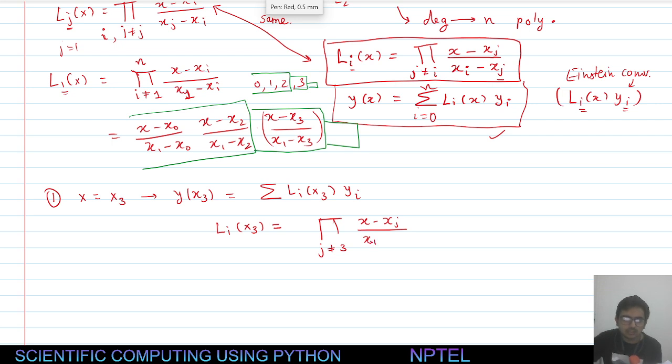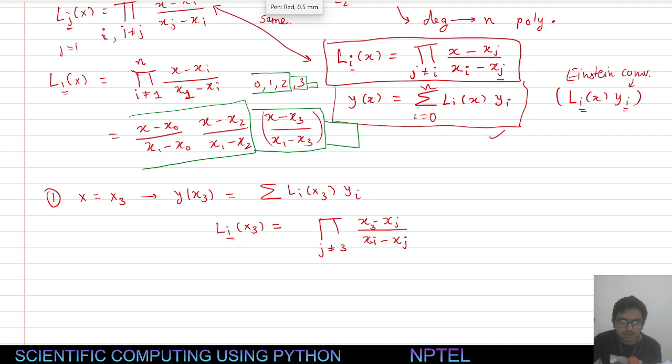So in this case xi is just xi, because i is a free index, minus xj. But x is x3, so I replace x by x3.